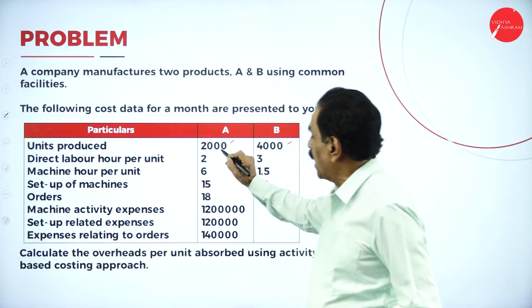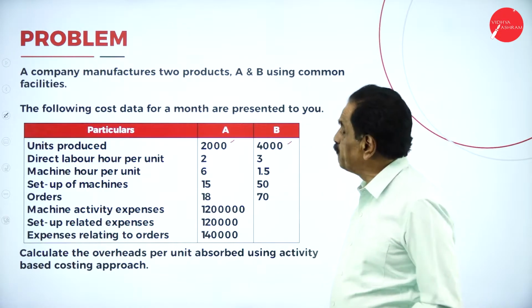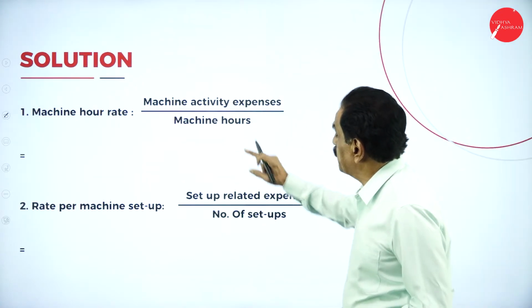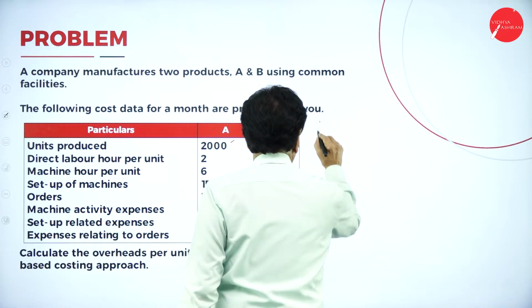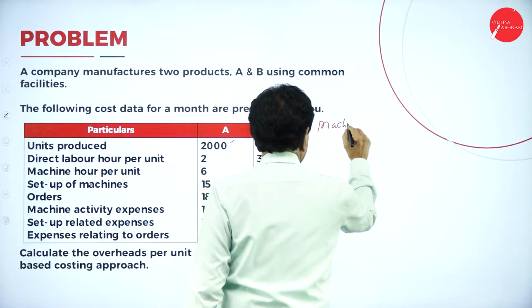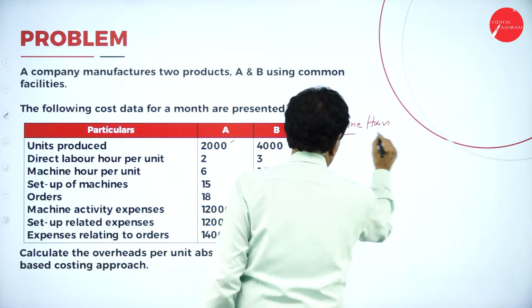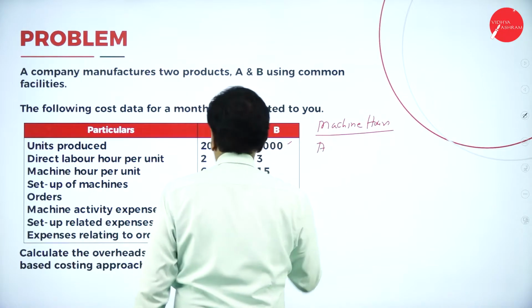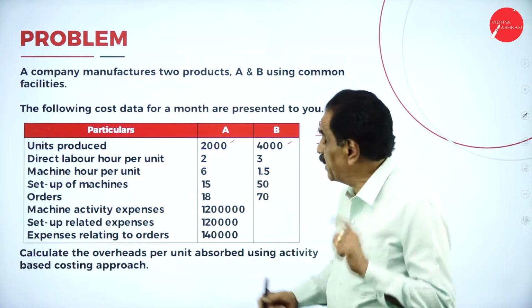Now machine hours for A: here we take machine activity divided by machine hours. Slowly, we can go through the machine hours. For A, see the words machine hour per unit. How many hours? 6 hours.